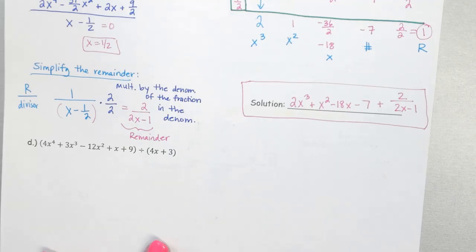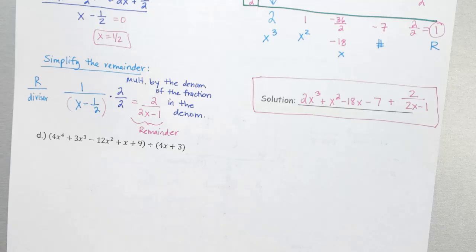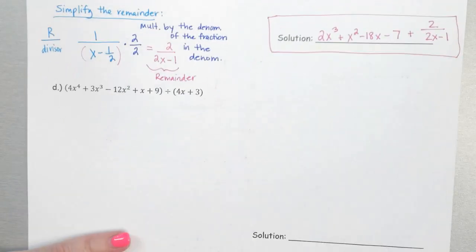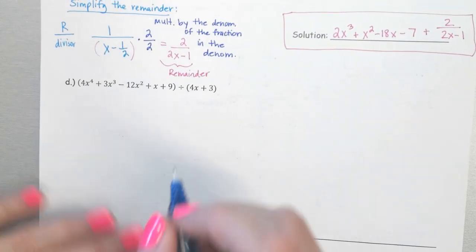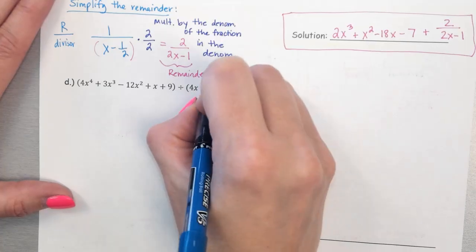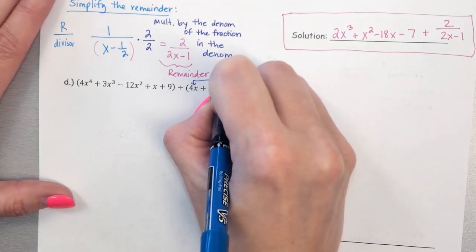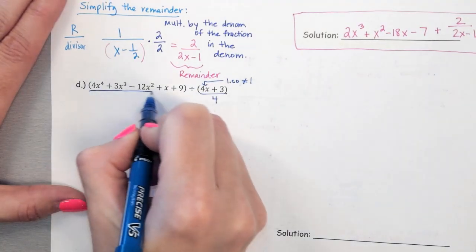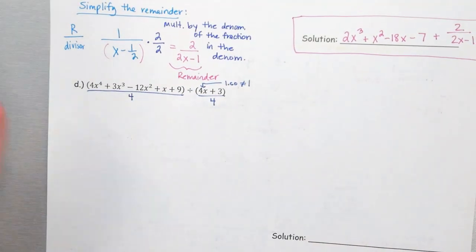All right, so for part D, again, you have a leading coefficient that's not 1. So what am I going to do first? Divide everything by 4. Okay, so if it's not 1, you divide everything here by 4, and you divide everything here by 4.